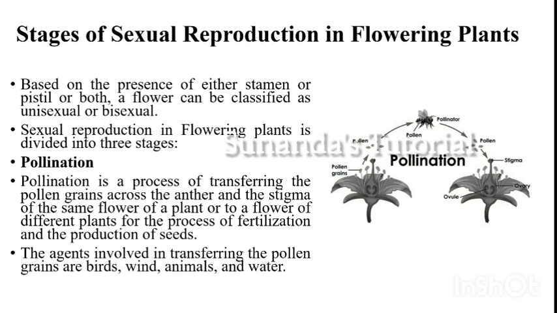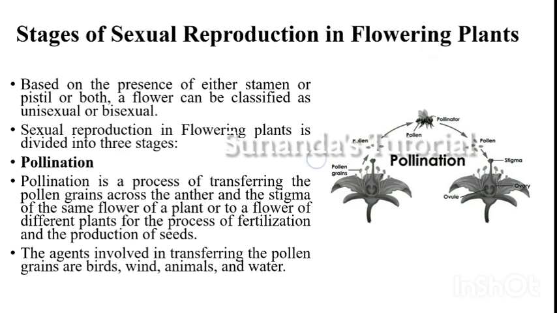Next, what are the stages of sexual reproduction? At first, the development of male gametophyte, then female gametophyte, then after the maturation of pollen grain, anther dehiscence occurs, then pollen disperses in the air, and by the process of pollination, it is the transfer of pollen grain from the anther to the stigma of the same flower or a different flower born on the same plant or a different plant.